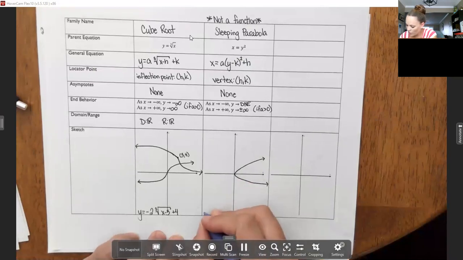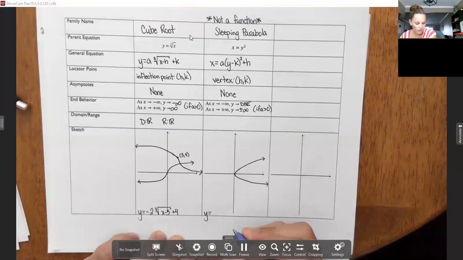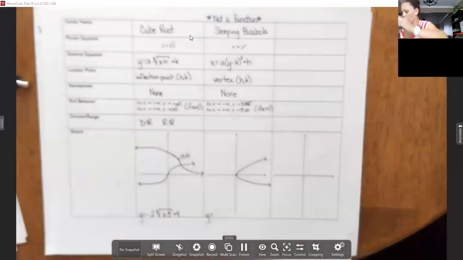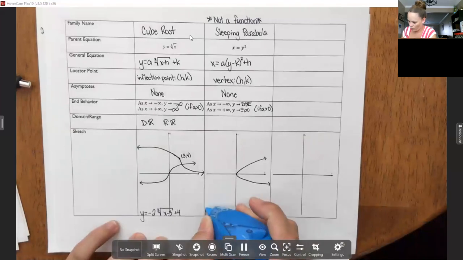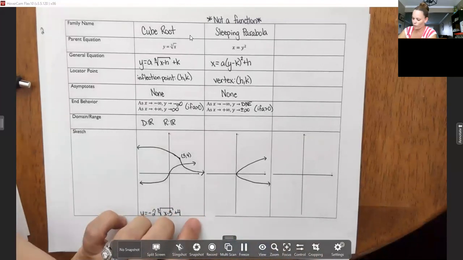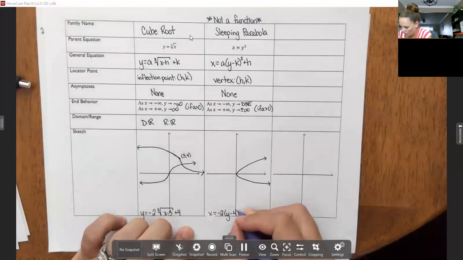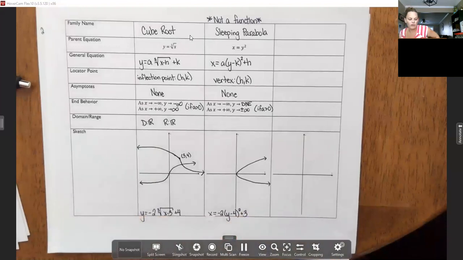So our equation, oops, that shouldn't be y equals, it should be x equals. We're going to graph x equals -2 times (y minus 4) squared plus 3.